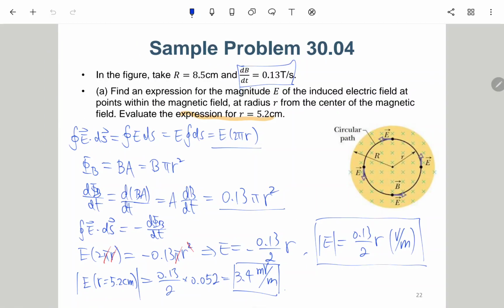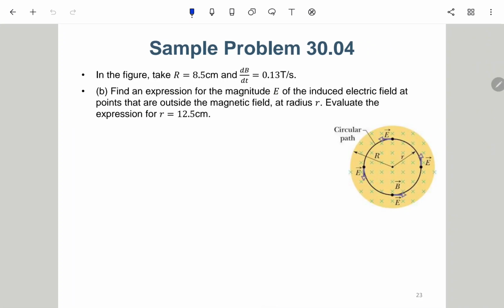Okay, so this is for question A, and then we have a similar one for question B. What we need to pay attention to is that the radius of this yellow circle is 8.5 centimeter, and here it asks about the region outside of this yellow circle.